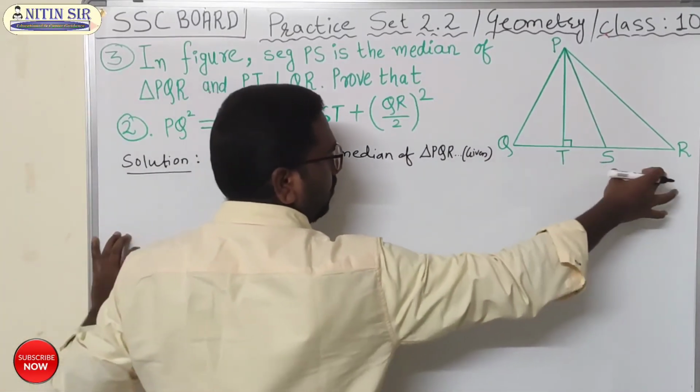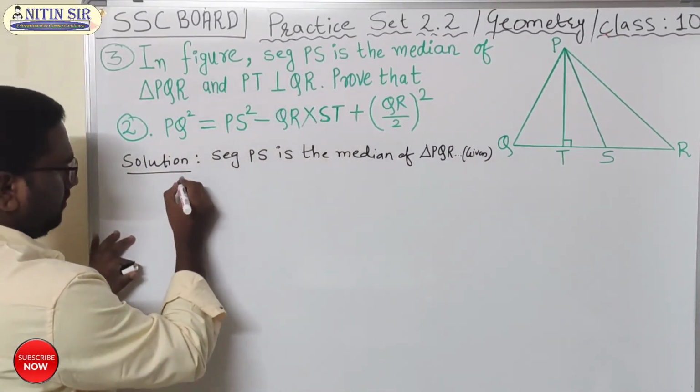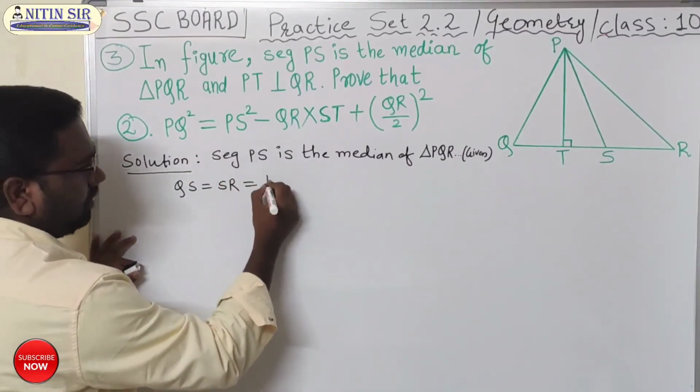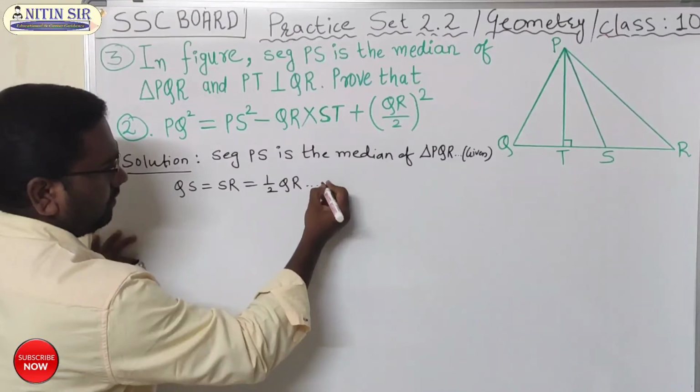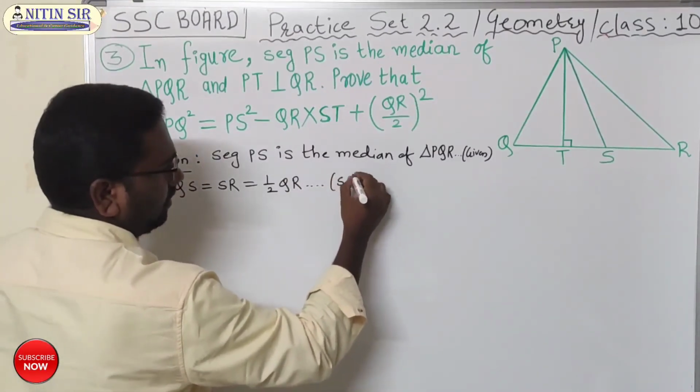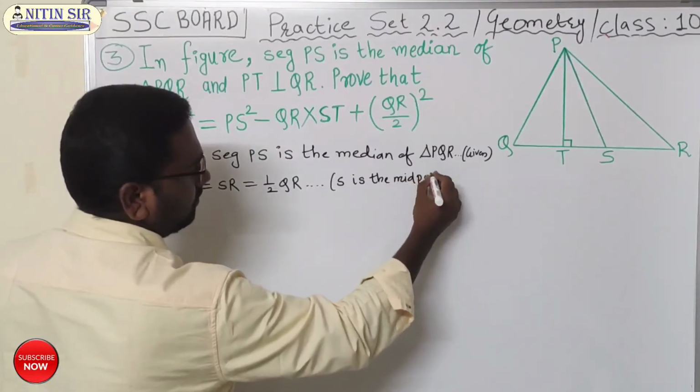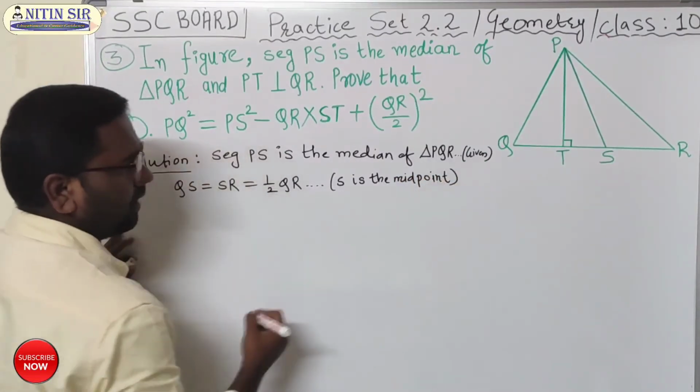Now QS is equal to SR is equal to half QR. Why? Because S is the midpoint.